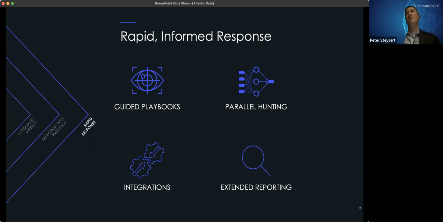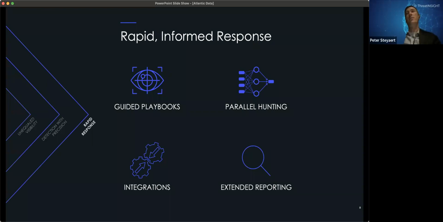I need to be able to pivot across that and have a starting point as a tier 1 analyst. I may not have the experience to look at that, but I'm going to be asked to do something there, as well as the ability to parallel hunt, meaning I can pass this information on to another analyst to look at. When you look at a SOC, most SOCs have multiple people working on a single investigation. Hey, I just found this in here. Can you take a look at this? That's important to be able to go from there.